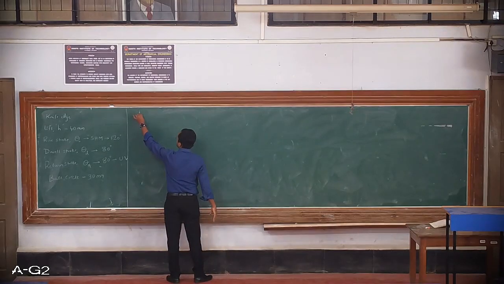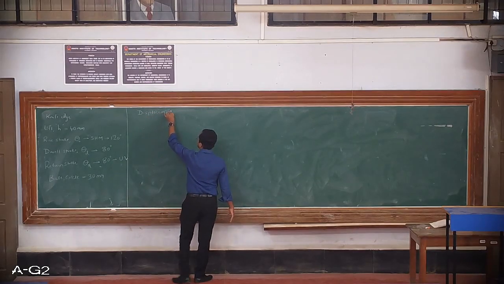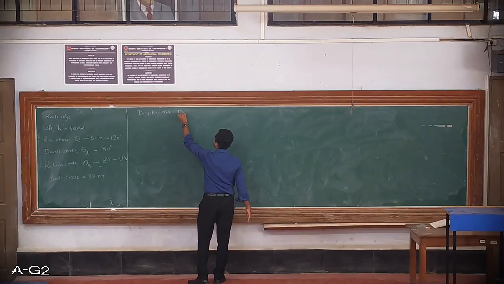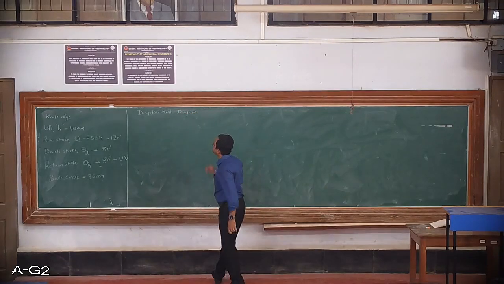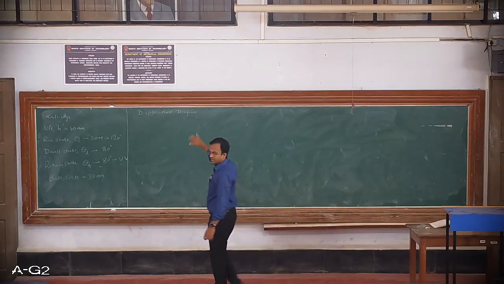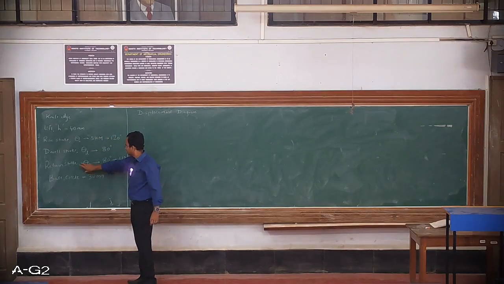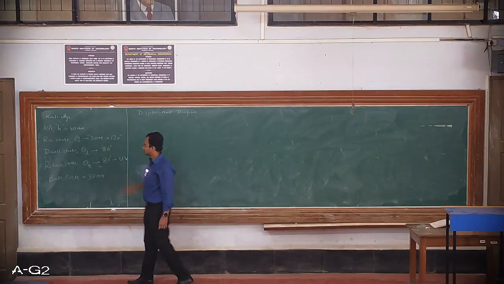Let me start with displacement diagram first. That means I need to plot a graph or a curve for SHM and uniform velocity, how it moves.